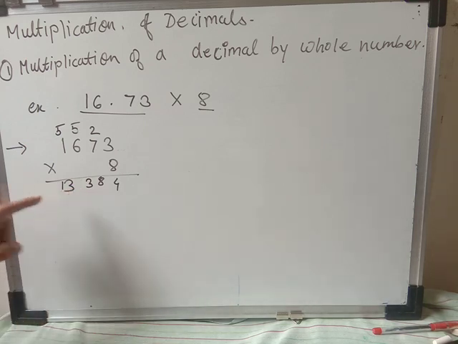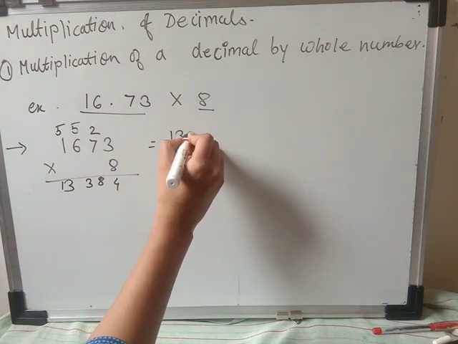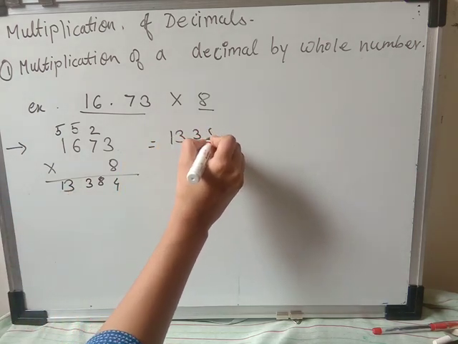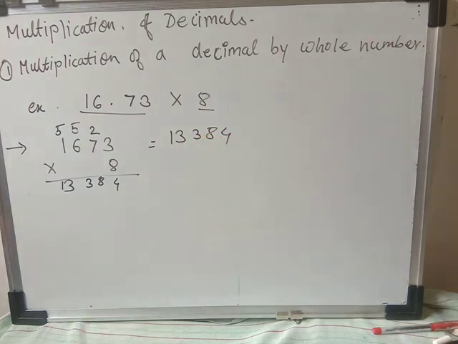So here we got the answer, that is 133384. Now how to put the decimal?